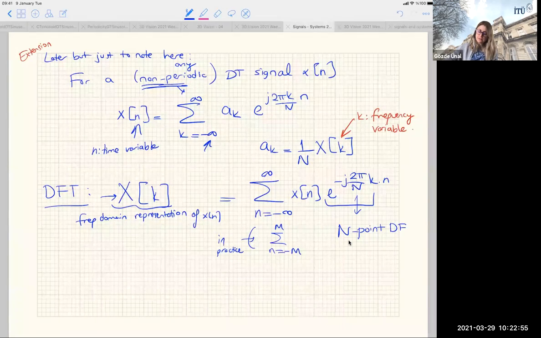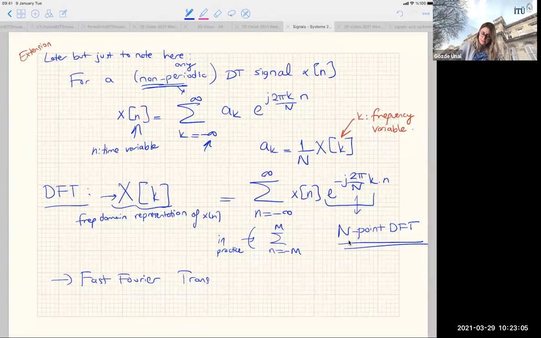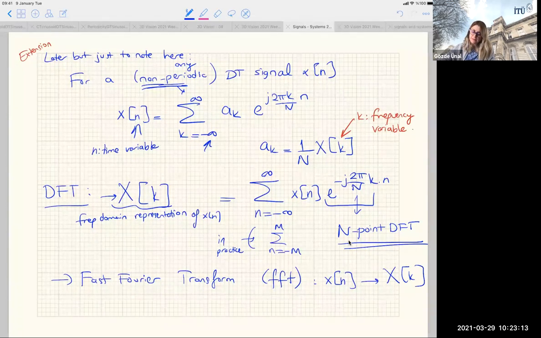I think you are using, or maybe very soon will be, the fast Fourier transform, FFT, which goes from x of n to X_k, so time domain to frequency domain, and the inverse fast Fourier transform.